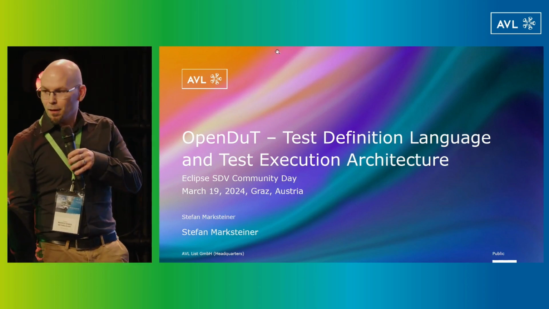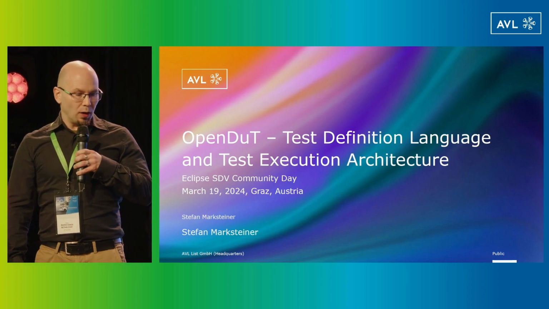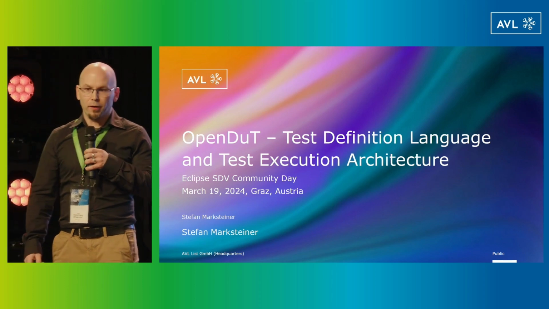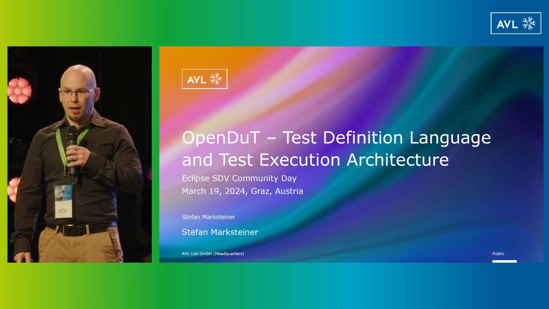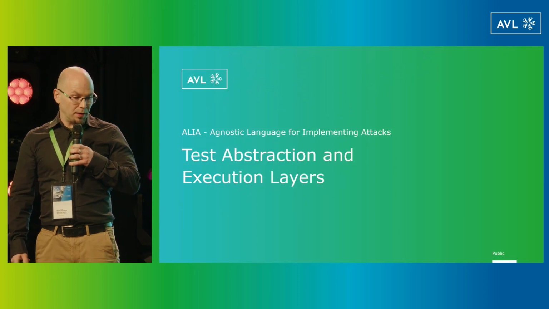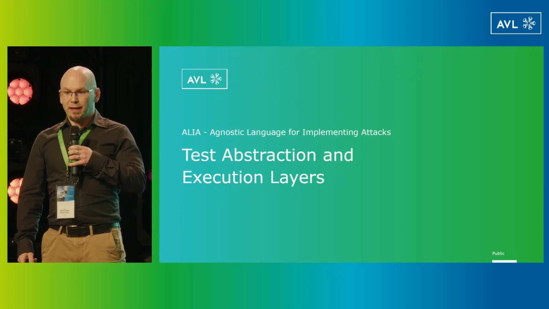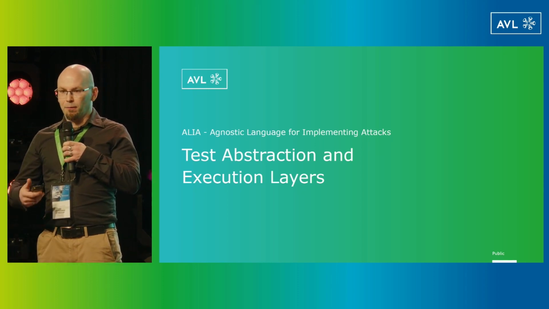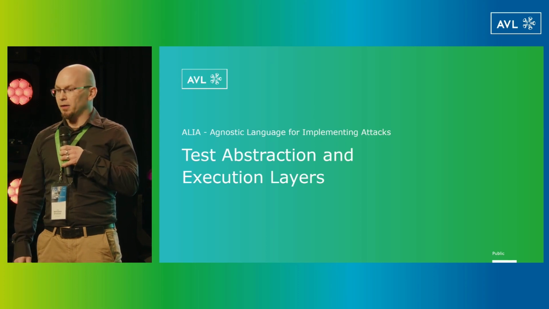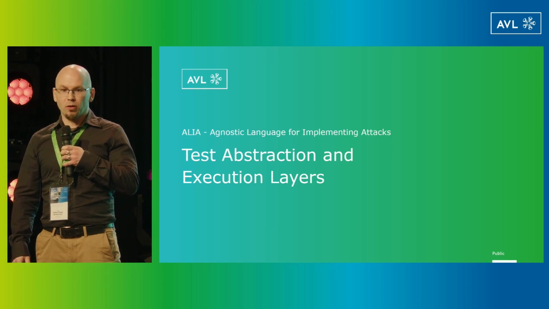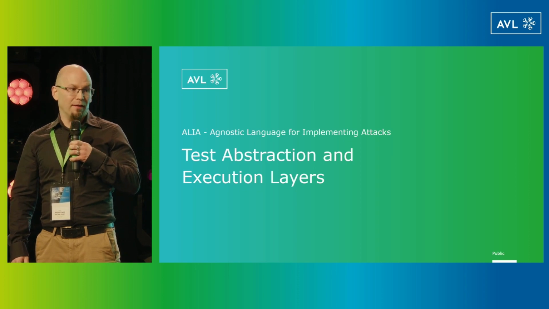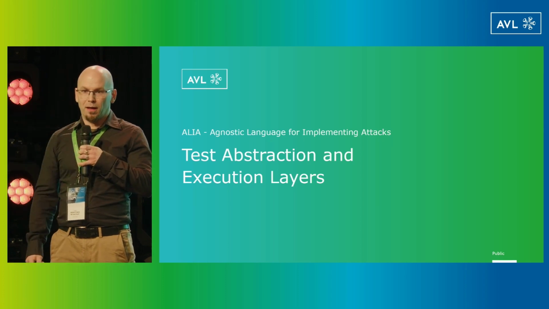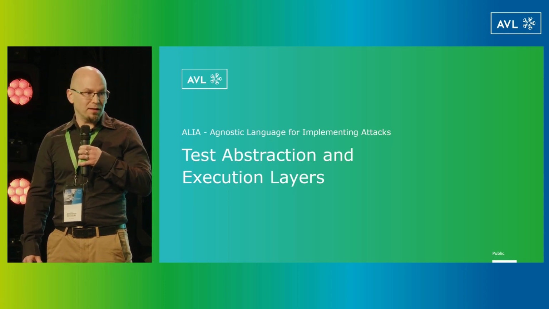Oh, there. Okay, thanks. Yeah, so my part is to bring you a little closer to our execution engine inside the OpenDUT project. So what we are thinking about is actually our goal. One thing is that we want to test distributed systems on the one hand, but also automated testing with a very, very open and modular environment, so that everyone, as you have seen before, we are very, very different companies.